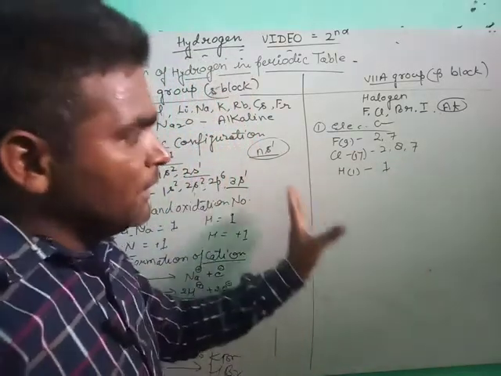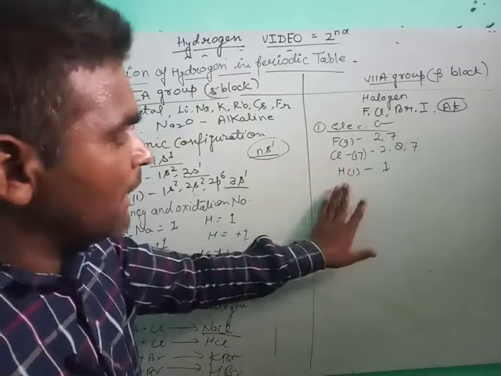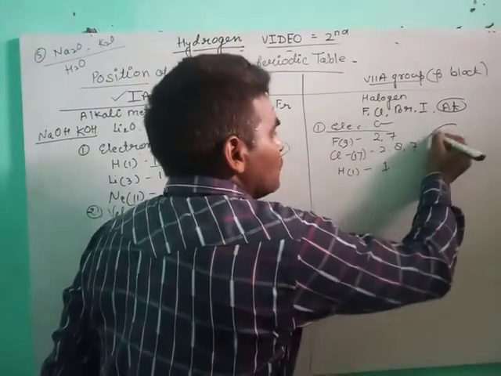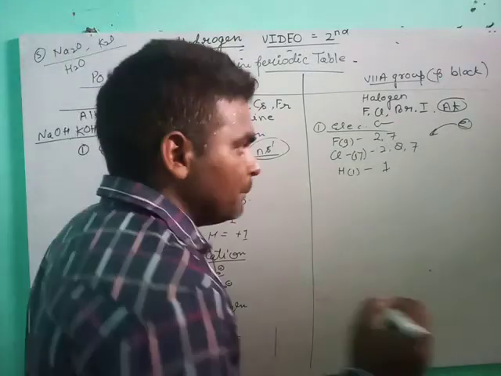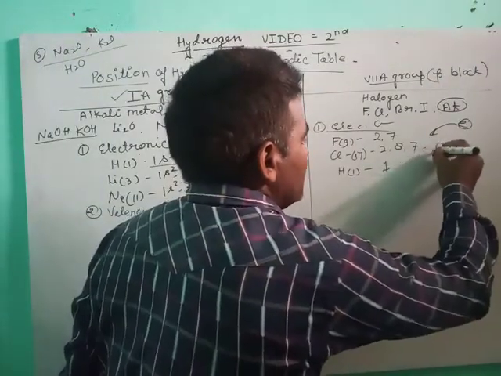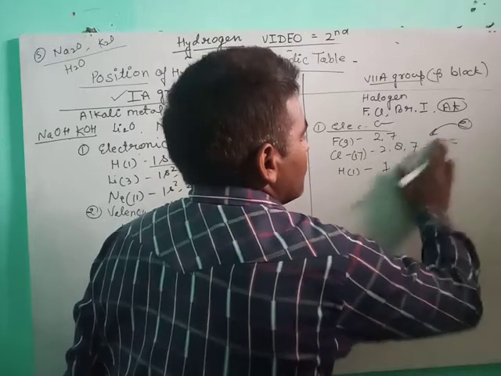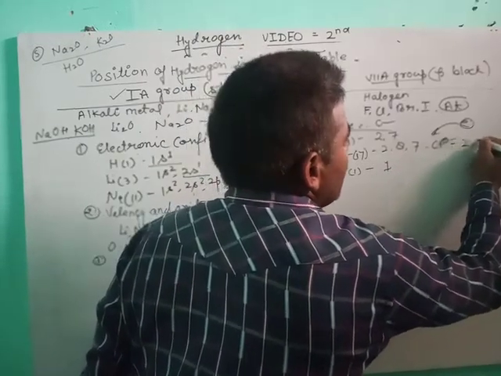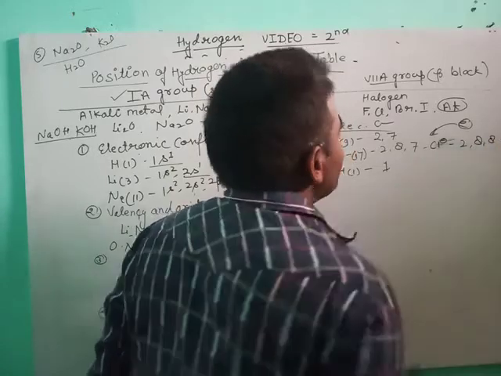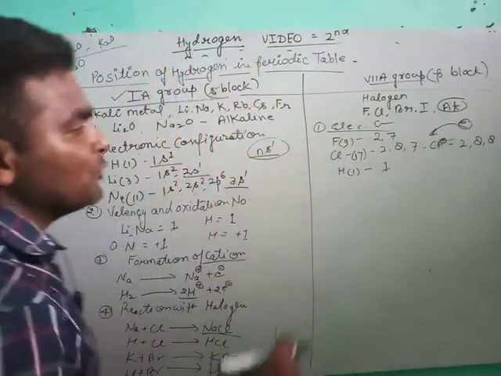Both elements, halogen and hydrogen, accept one electron and complete their octet, like chlorine forms the chloride ion and gives electronic configuration 2, 8 and 8 on accepting 1 electron.